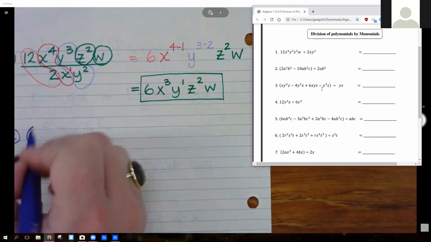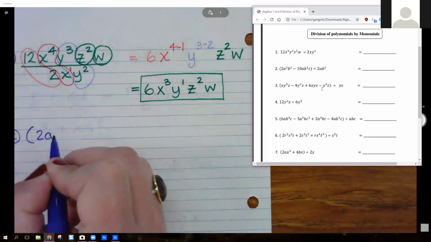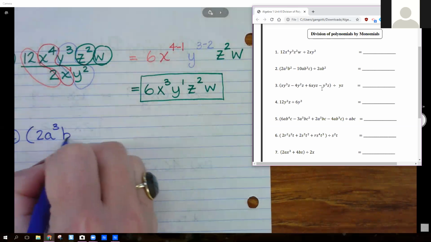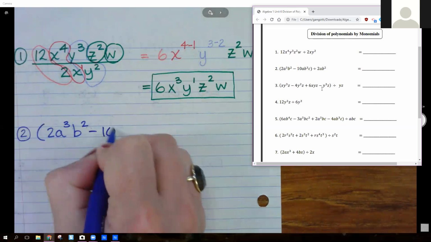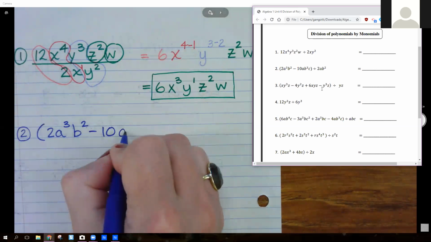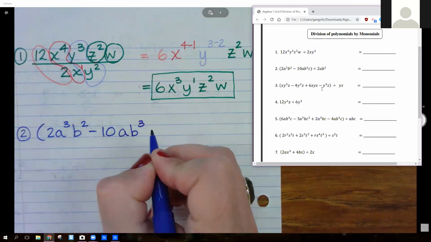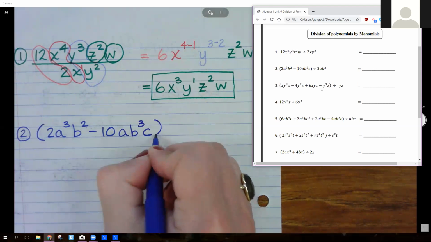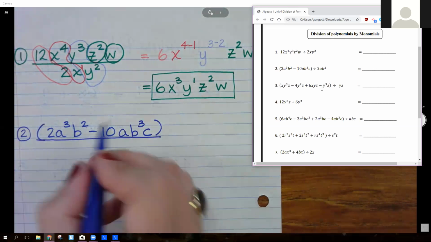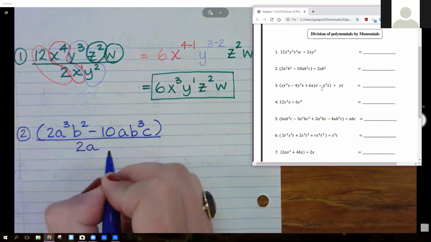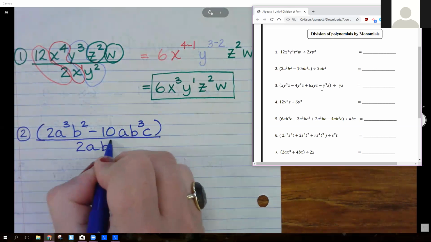So this would be 2a cubed b squared minus 10ab cubed c divided by, now I'm going to write mine like how we did in the examples, like a fraction. Okay.